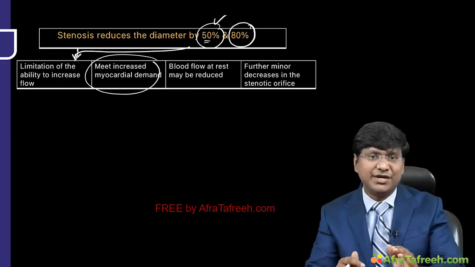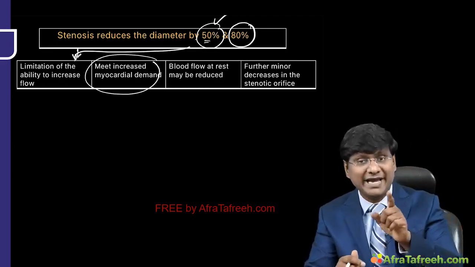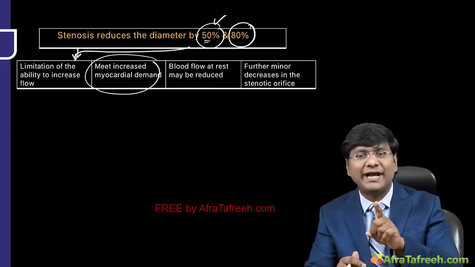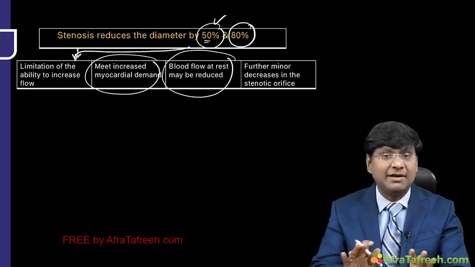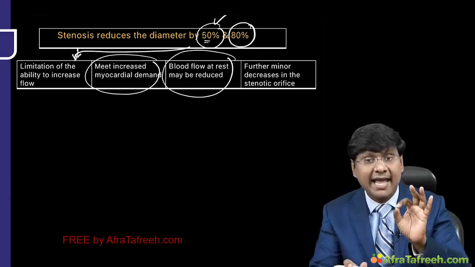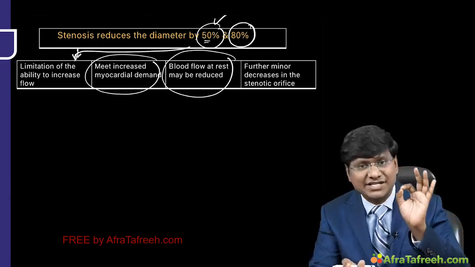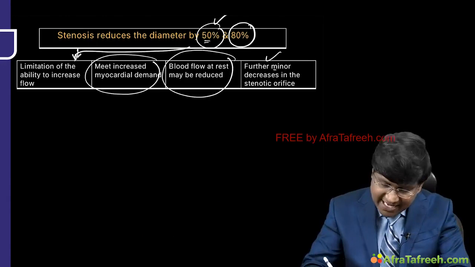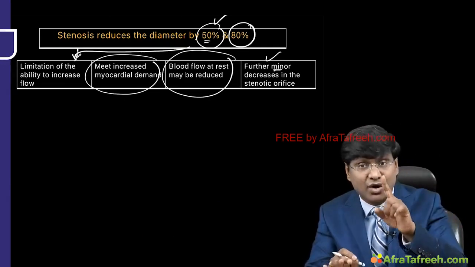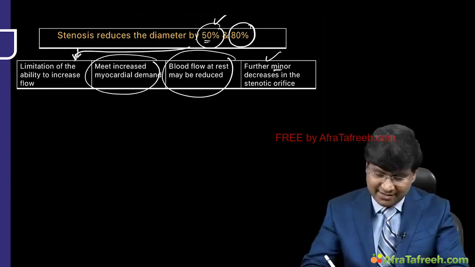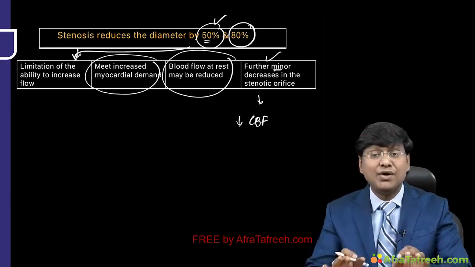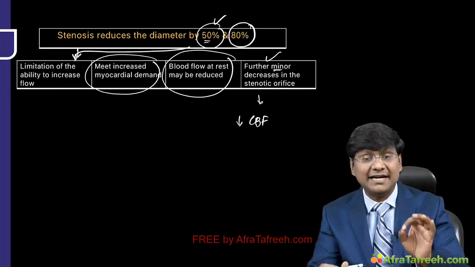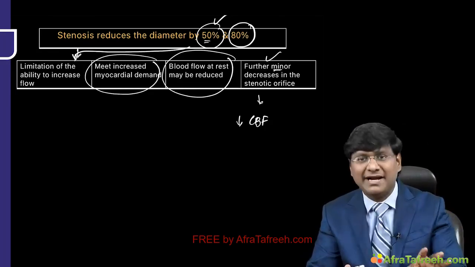Okay, so that is when 50% of the coronary artery is reduced, whereas if 80% of the coronary artery lumen is reduced, when the diameter is reduced by 80%, the blood flow at rest may be reduced. Okay, so at rest the blood flow is reduced, and any further minor decrease in the stenotic orifice can reduce the coronary blood flow dramatically.